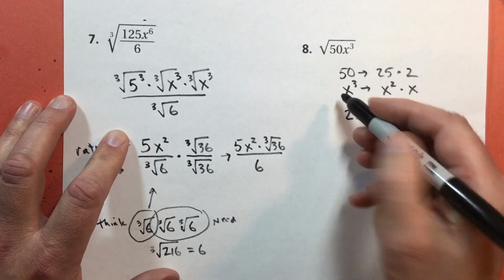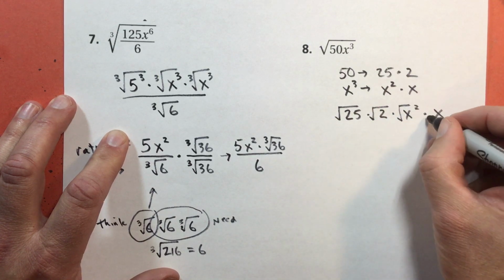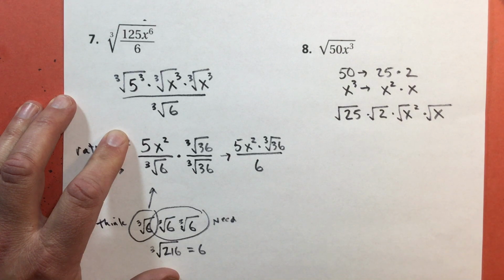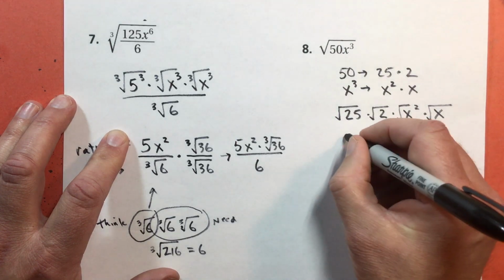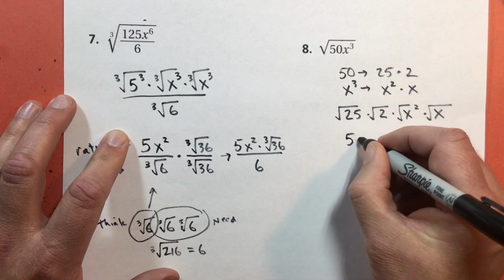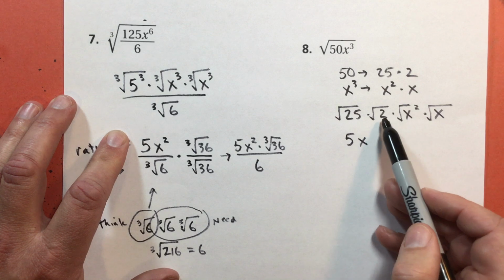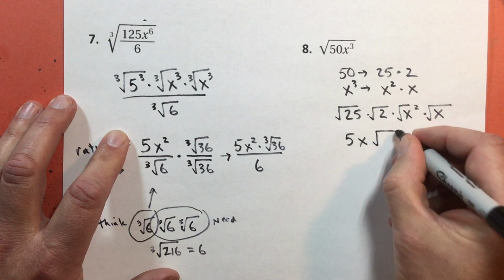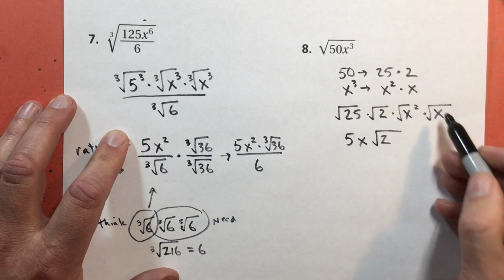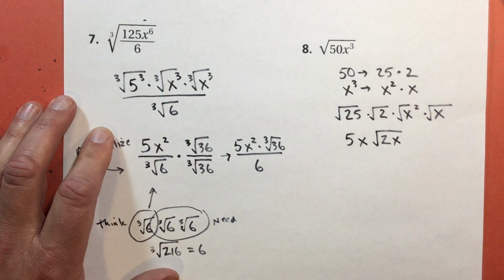Take the square root of everything. The square root of 25 is 5. The square root of x squared is x. I move that to the front of the line. The square root of 2 is just the square root of 2. And the square root of x is, so far, the square root of x, since x is a variable, I don't know what it is.